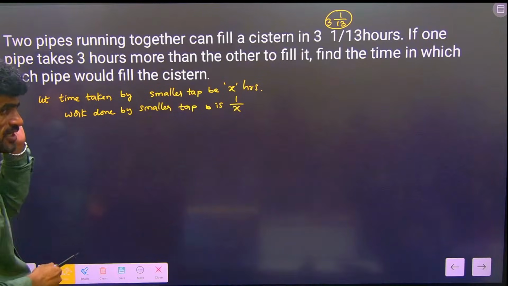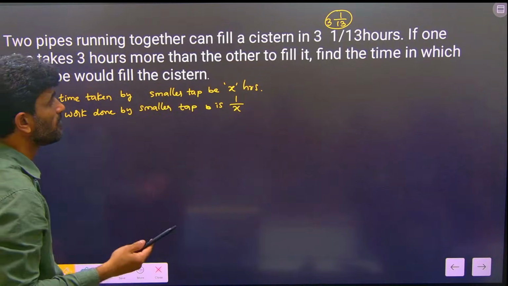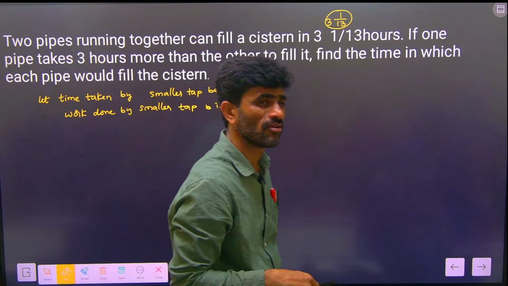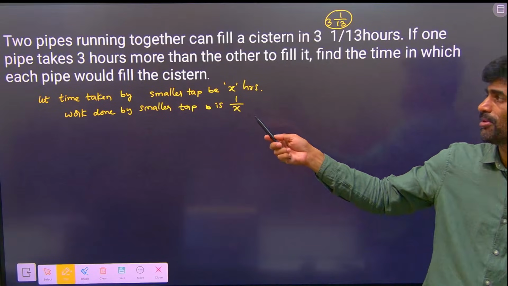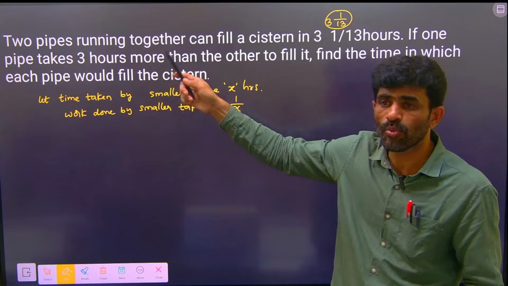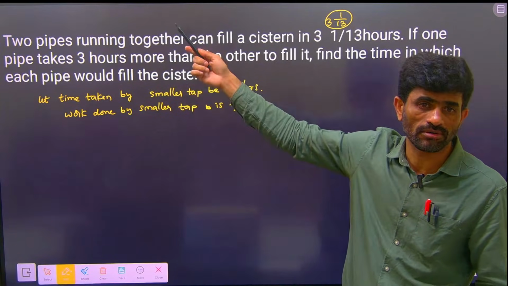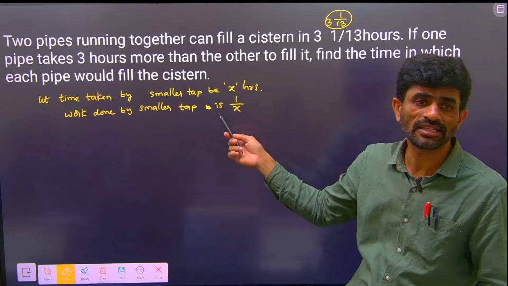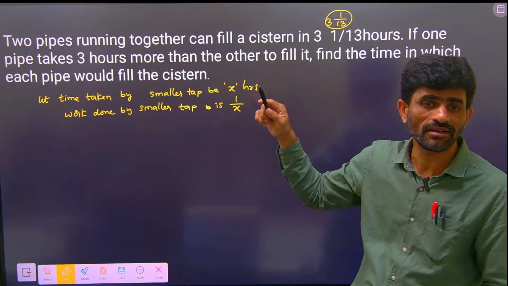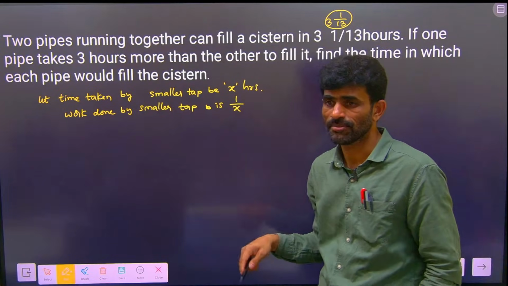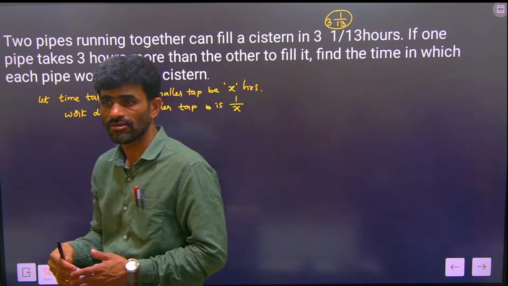Now the smaller tap is taking x hours. Larger tap will take more or less? Larger tap will take less, no? Here it is given one tap is taking 3 hours more. We have taken x for the smaller one, no? So for the larger tap you should take minus because it will take less.